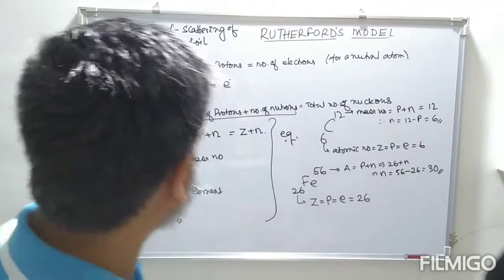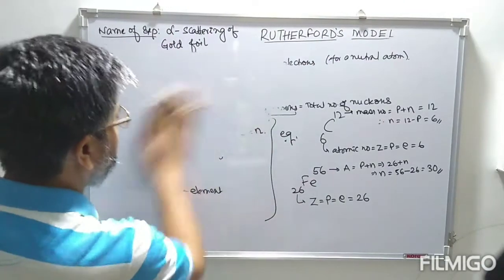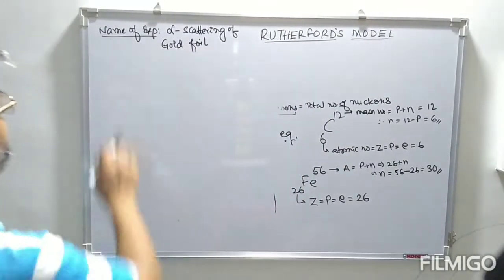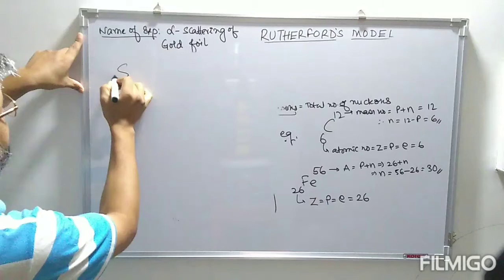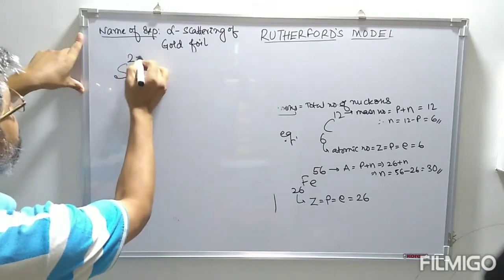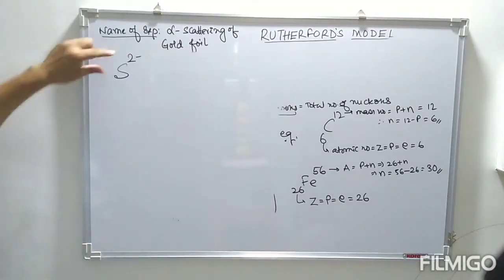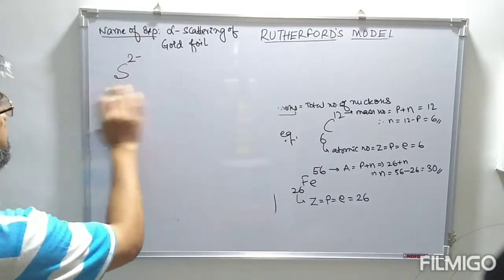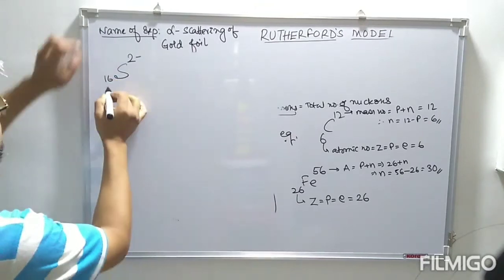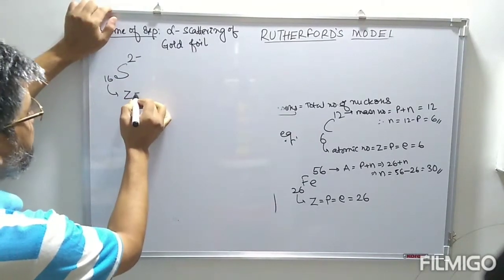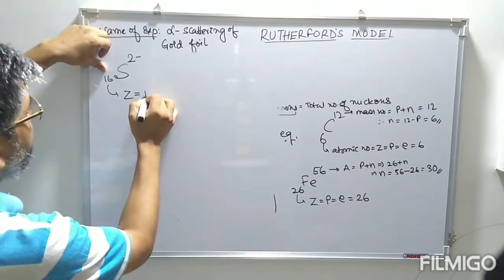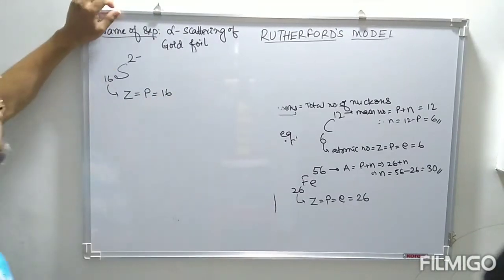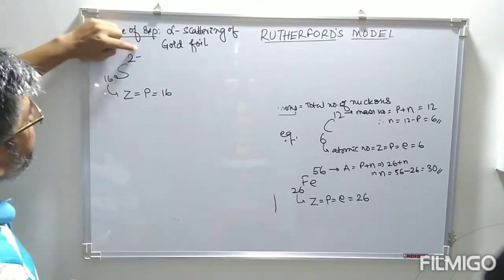For a charged species, suppose the case, this is S 2 minus, sulfur with 2 negative charge. So the atomic number is 16, that is Z. So Z is equal to the number of protons. So the number of protons is 16. Now we have 2 negative charge.